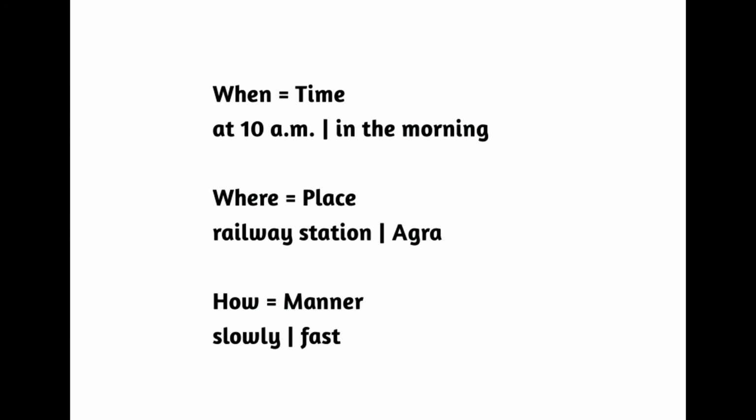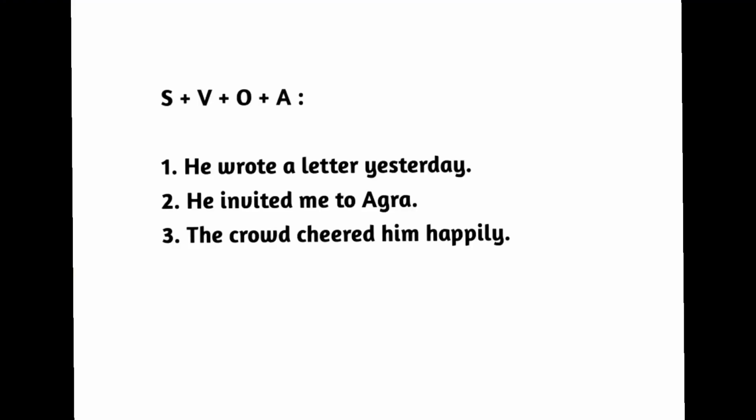When denotes time: at 10 a.m., in the morning, etc. Where represents place: railway station, Agra, etc. How represents manner: slowly, fast, etc. Look at these examples.